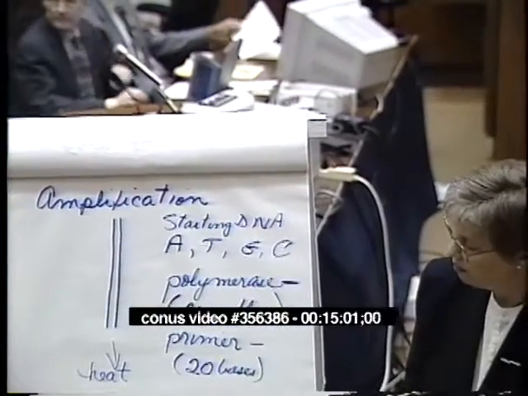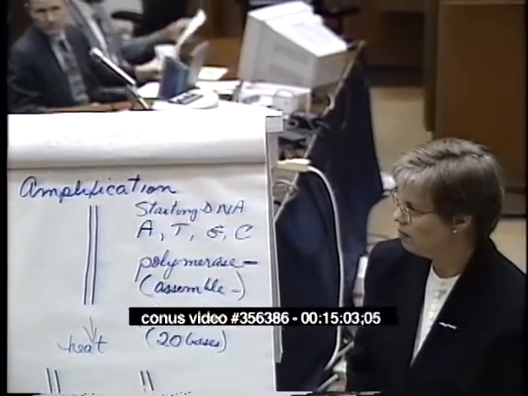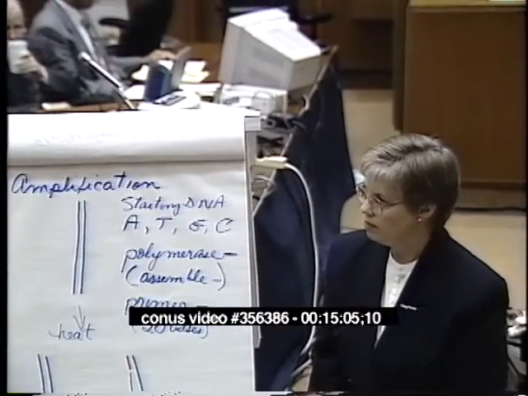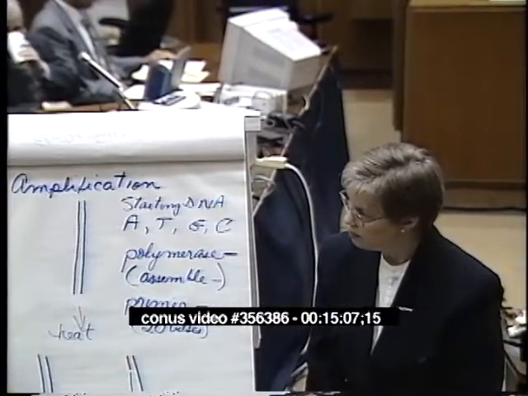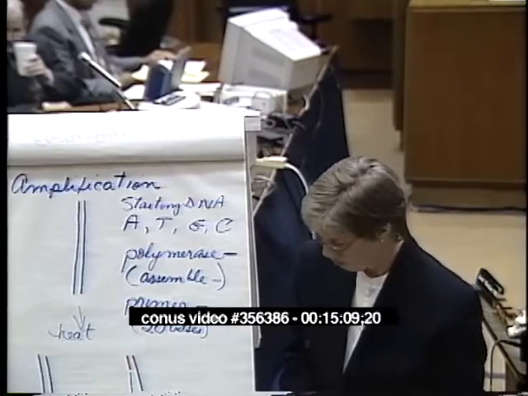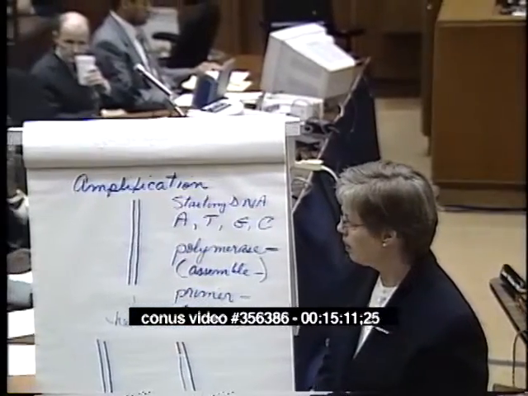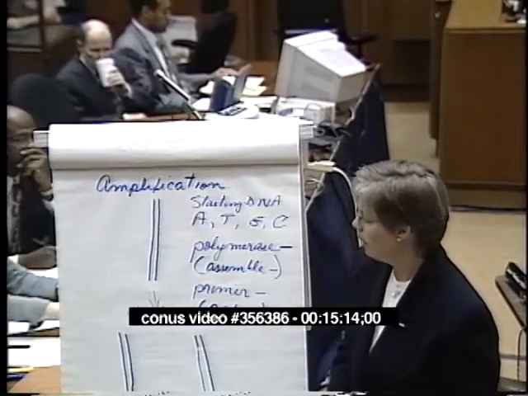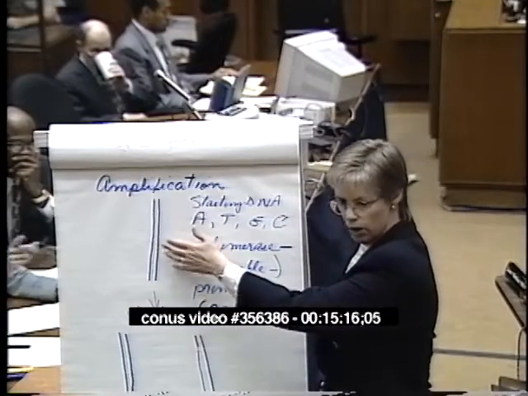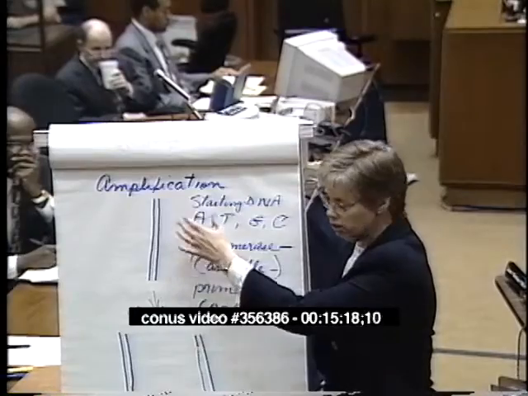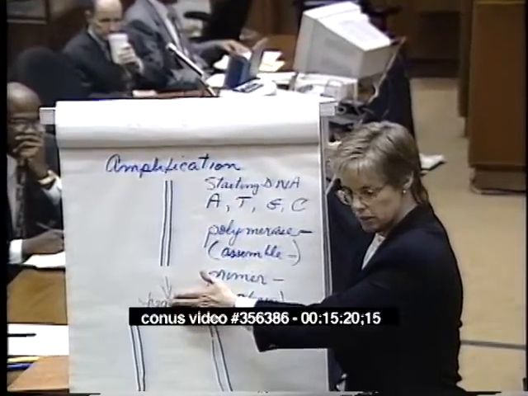Could you briefly describe again what you've already described, and perhaps you can point to the various portions of the chart so that each of the jurors may see it? We have double-stranded DNA starting material, which we're going to heat.